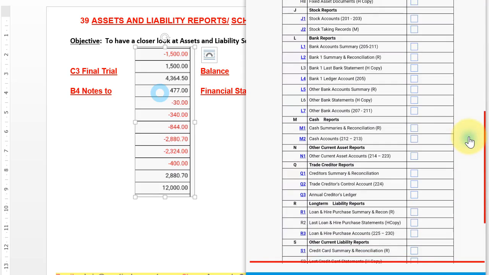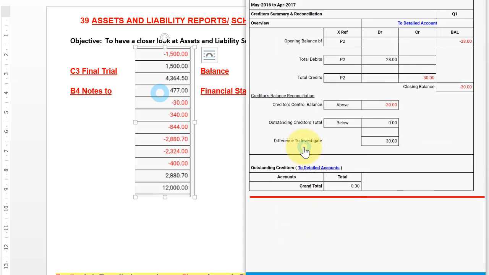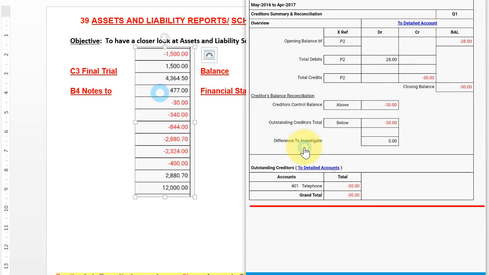We've looked at the M reports. Now the N reports. This is the creditors summary and reconciliation. Let us look at this Q1 briefly. This is where the £30 comes from, and this is self-reconciling. So it shows who the £30 is owed to, and this is the summary of the control account.